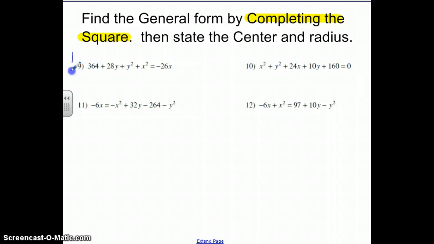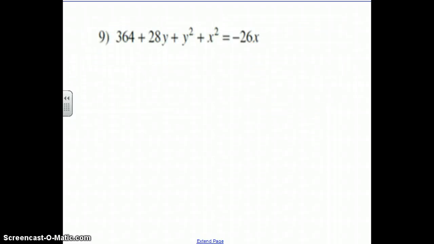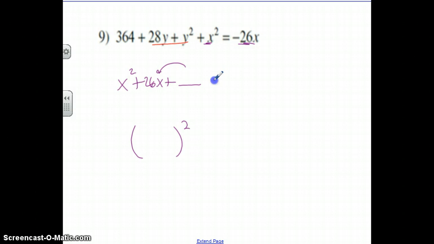In my first example, we're going to move all of the x's to one side. So I'll bring over the 26x, and I'm going to create some number that will help me complete this square so I can get it from general to graphing form. I'm also going to combine the y terms. Looks like all the y's are already on the same side, but I need to create some number so that I can also complete its square.